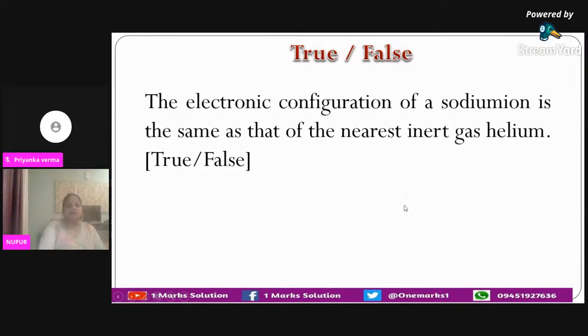Now, the electronic configuration of sodium ion is the same as that of the nearest inert gas. So whenever an ion is formed, it reaches the configuration of the nearest inert gas.